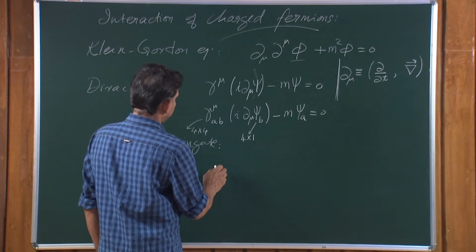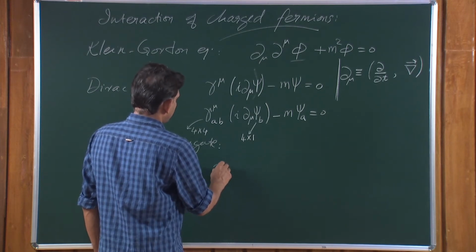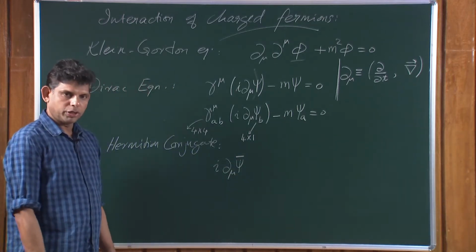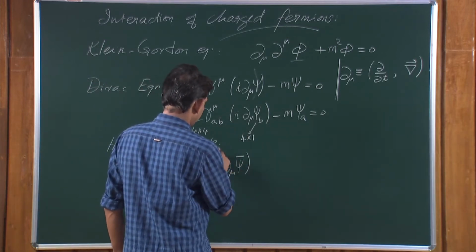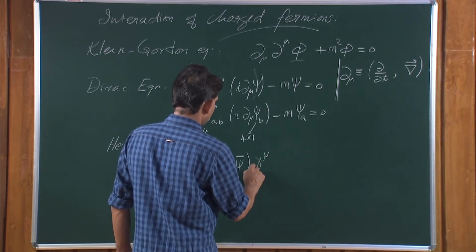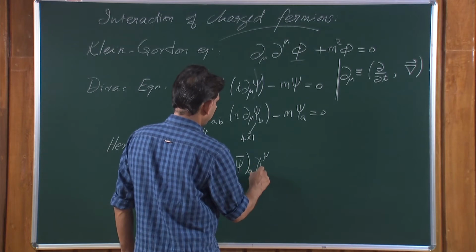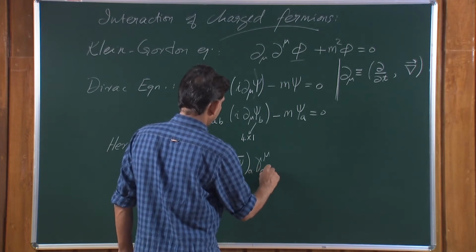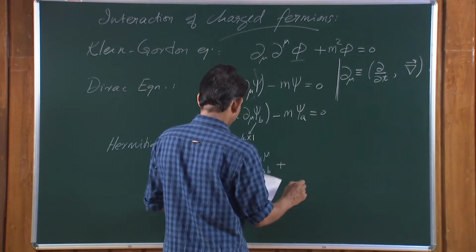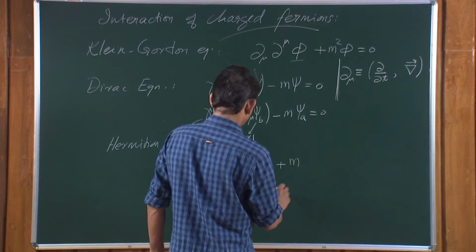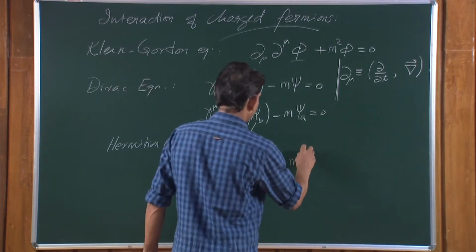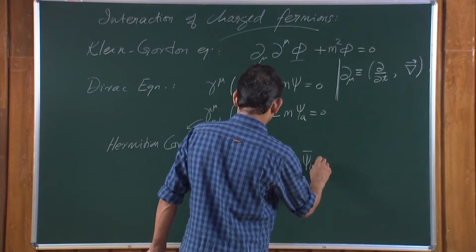That is basically I dou mu psi bar gamma mu plus m psi bar is equal to 0.